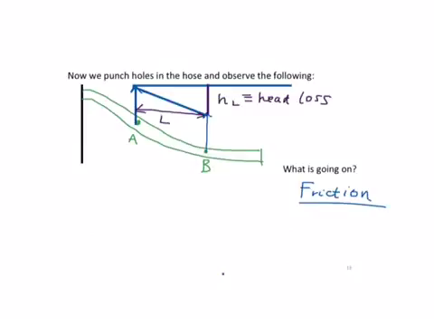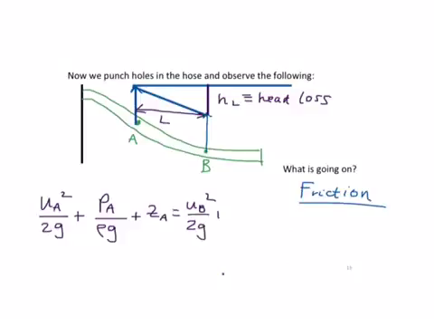So we could actually rewrite the Bernoulli equation in a way that accounts for friction. And the way that we would do this is to write u sub A squared over 2g plus the pressure at A over rho g plus the elevation at A equals u sub B squared over 2g plus the pressure at B over rho times g plus z sub B plus this head loss term.